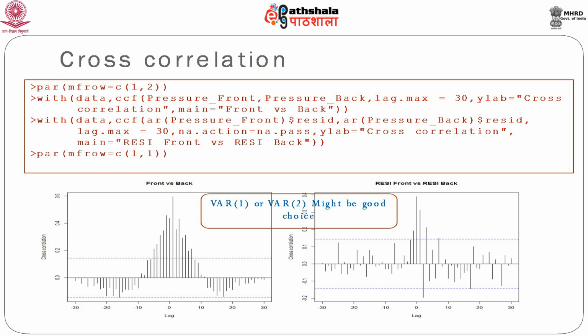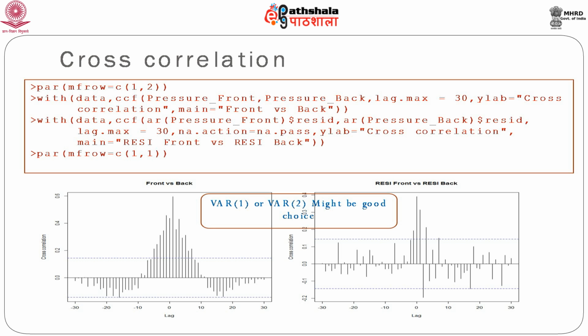Then I set the plot layout again, par mfrow c(1, 2) for the two plots, and here I set back to mfrow c(1, 1), and that will generate the two plots.